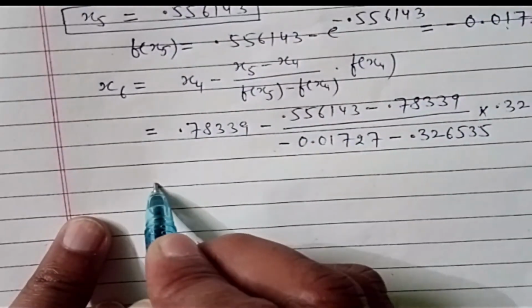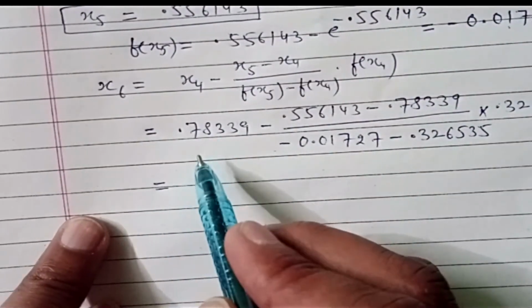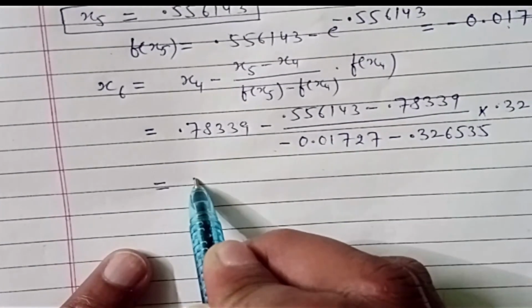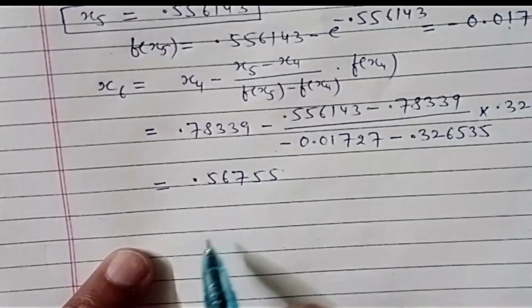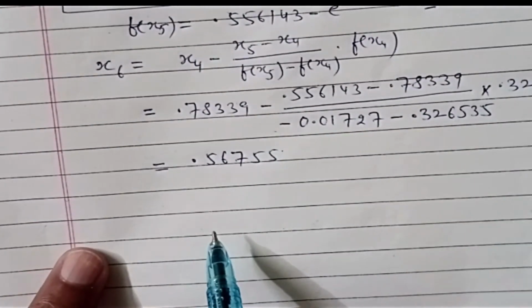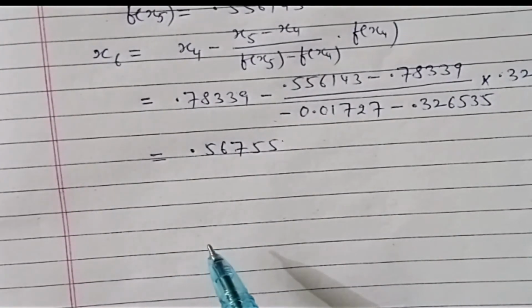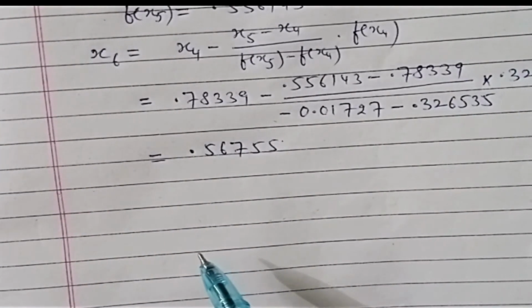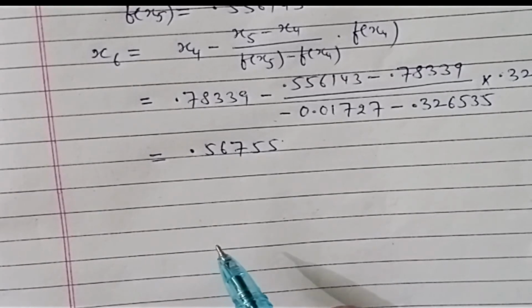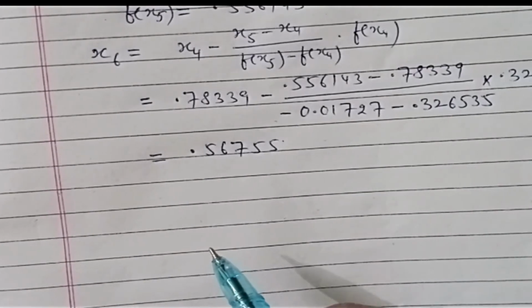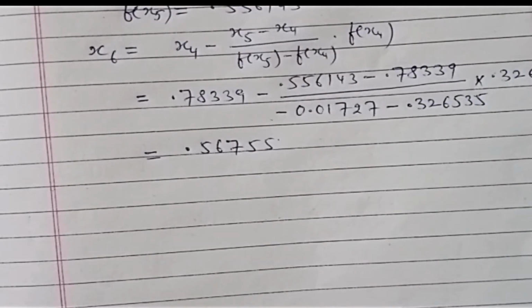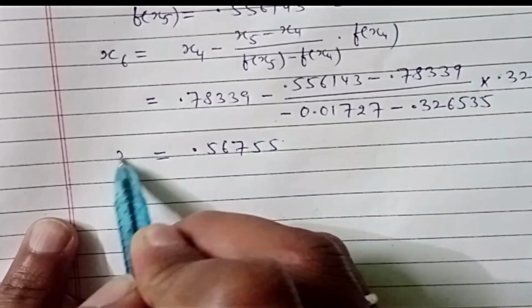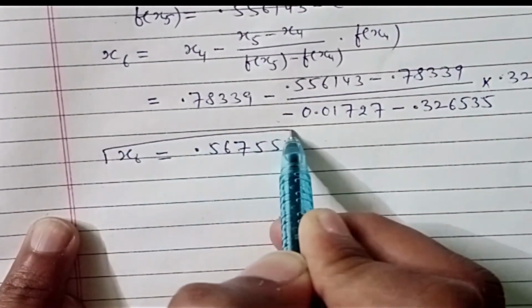So on calculating, this is the value of x6, 0.56755.